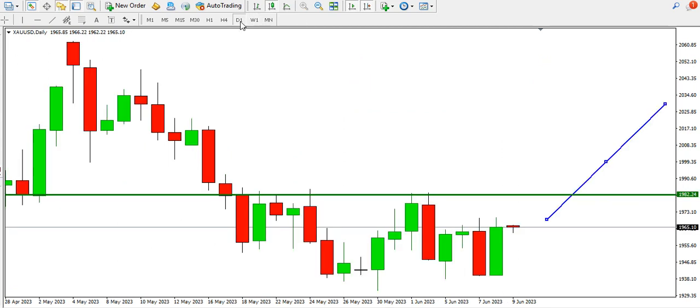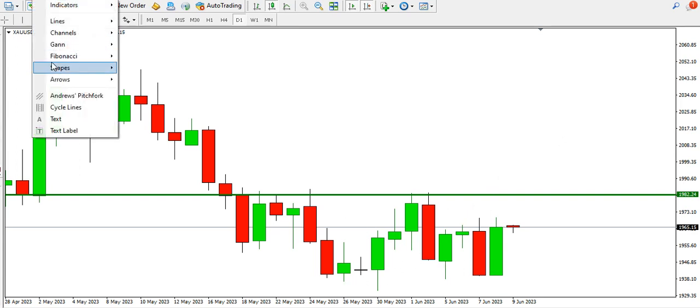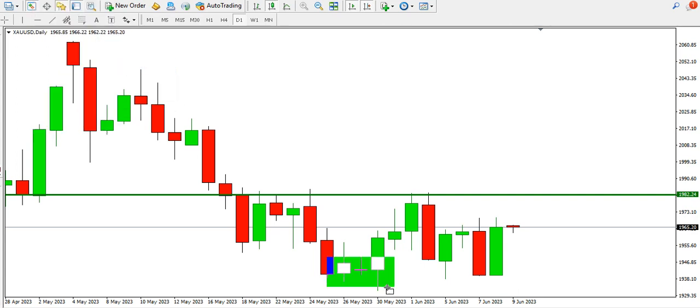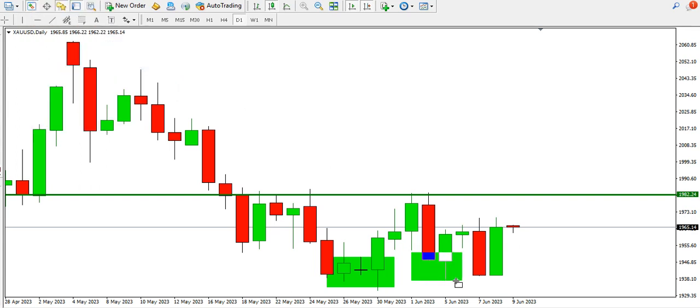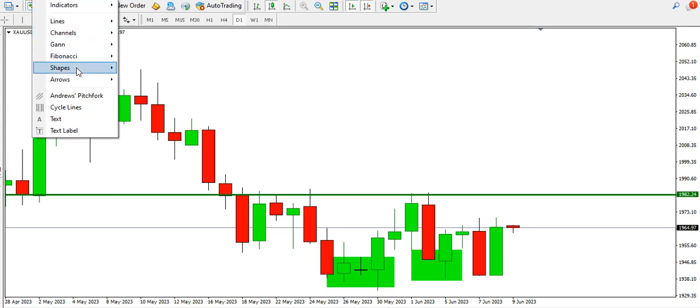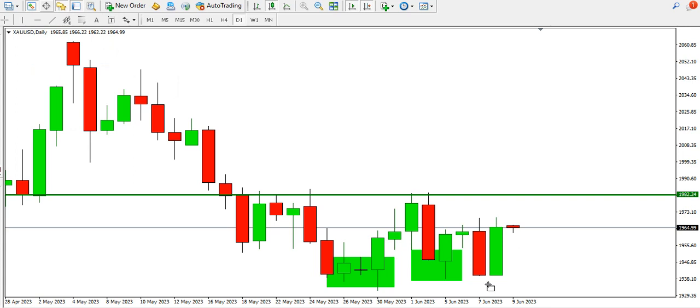Let's check the daily time frame. On the daily time frame, price is giving us something like a triple bottom. This is the first bottom, this is the second bottom, and this is the third bottom on the daily time frame. So we expect price to break the neckline.